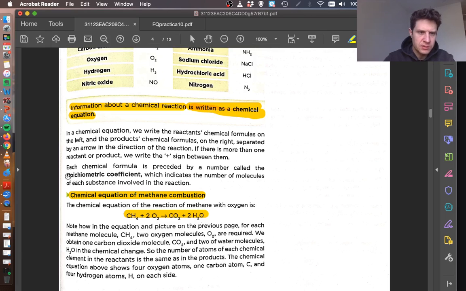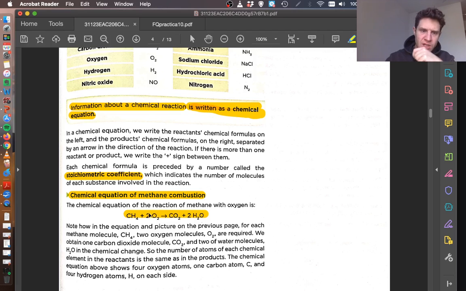Okay, something important here. Stoichiometric coefficient. This is the number over here, this 2 and this 2. It gives us information about how many molecules we need in a certain reaction.